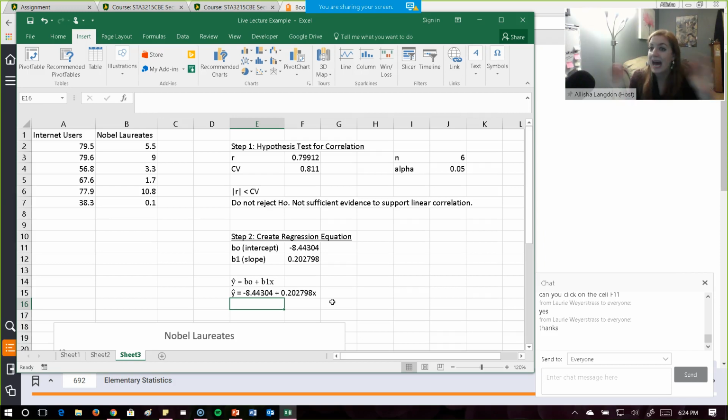Now notice we're not doing any calculations when we're coming up with the equation. I simply want the format with your x and your y hat still in there. We are not replacing those. We're going to keep those in there because those are our variables. Those are the things that are going to be changing depending on what we put into this function.